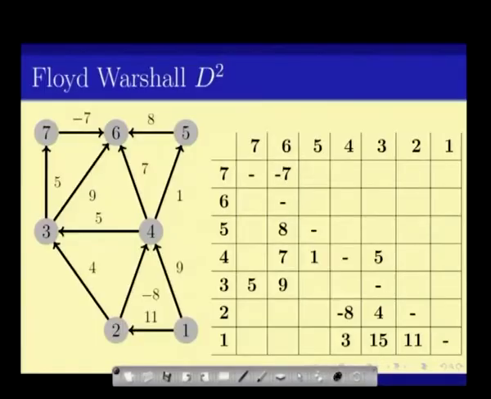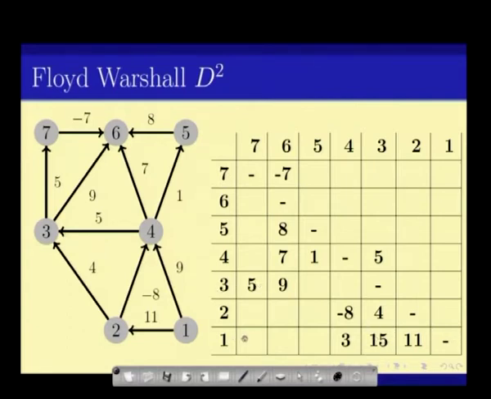Now, D3, what is D3? D3 is where I can use 1, 2 and 3 as my intermediate vertices. So, I can go from 1 to 3 using 15 steps, and from 3 I can go to, say, 7 using 5 steps.